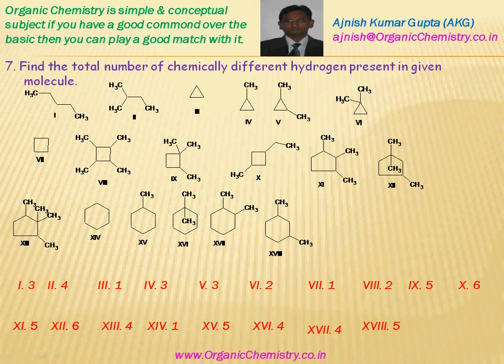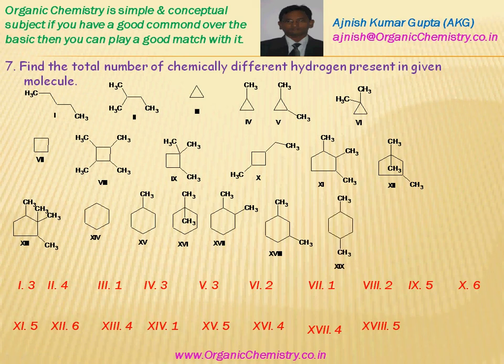The environment of this carbon and this carbon is different. So hydrogen present over this carbon is also different. But the environment of this carbon and this carbon is same. So it has 1 for these two, 2, 3, 4 and 5 positions where chemical reaction leads to different product.